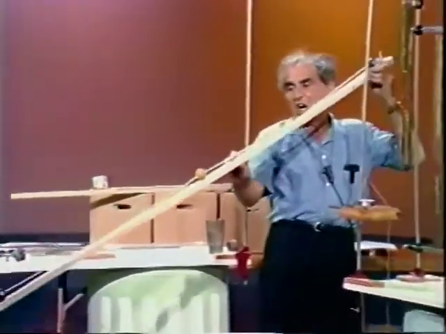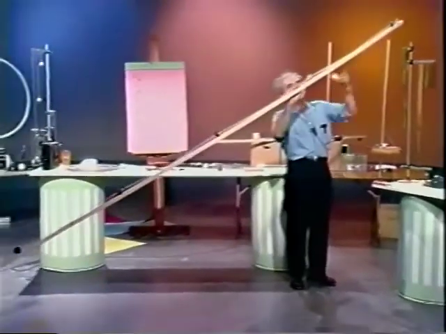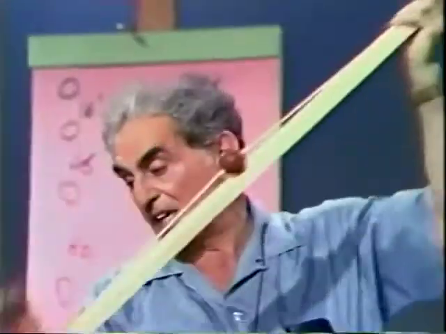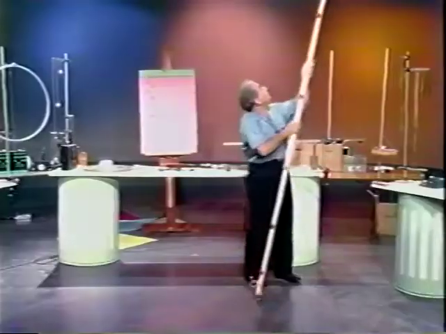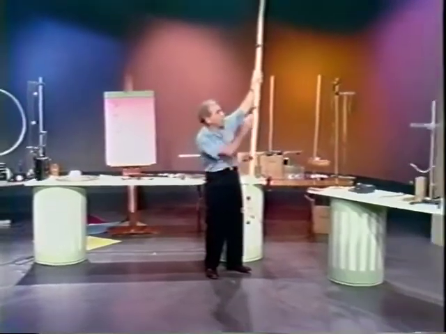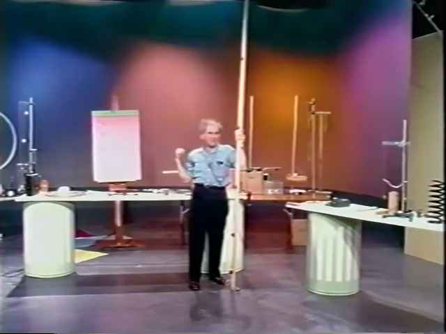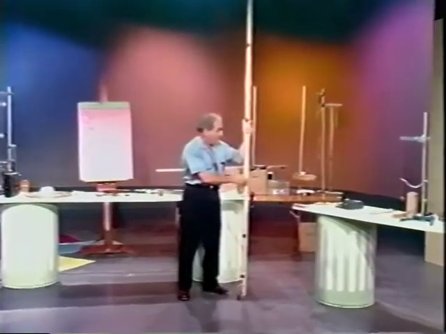It consists of a string to which are attached some spheres, and I have used billiard balls. And now, since this is pretty high, I will show you that at the bottom, the separation is closer and farther apart as we get higher. So the picture I have drawn on the blackboard is turned upside down.